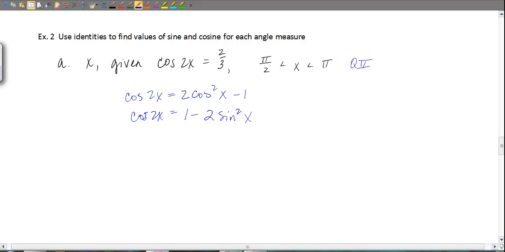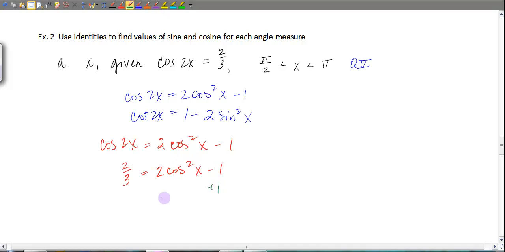So let's go ahead and take the first choice, and I'm going to do that one first. If I know that the cosine of 2x is 2 cosine squared x minus 1, and I'm going to replace cosine 2x with 2/3, so we get 2 cosine squared x minus 1. All I'm solving for is this part right here.